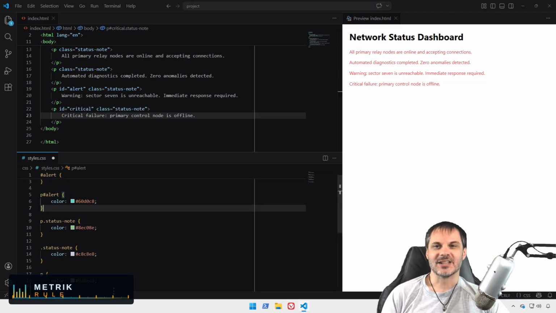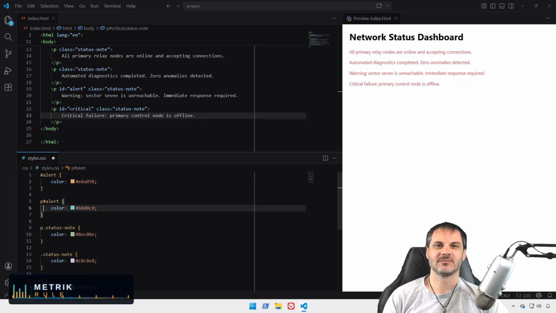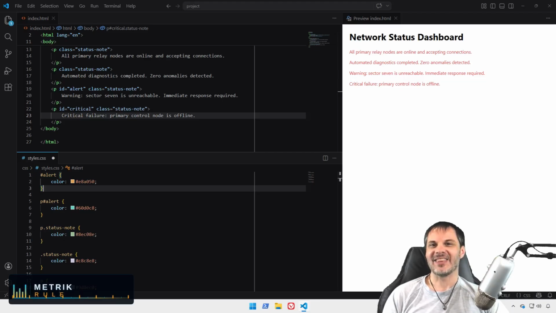The rule is use it when you genuinely need a guarantee, not when you want a fix for a specificity problem. Because if I use it to fix a specificity problem, I have not fixed the problem. I have just buried it under a bigger exception. And when you need to override that exception later, you're stuck. So let me reset the demo to something saner. Take the important declarations out.